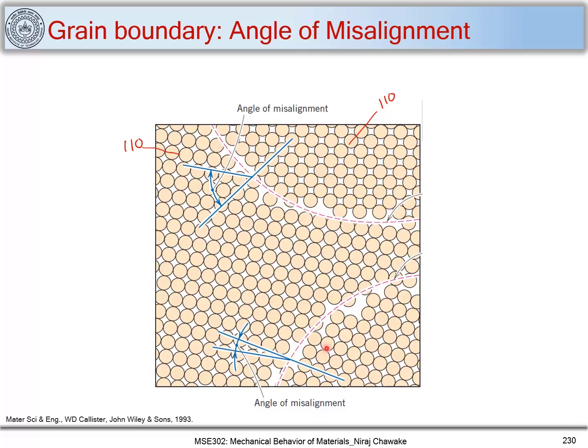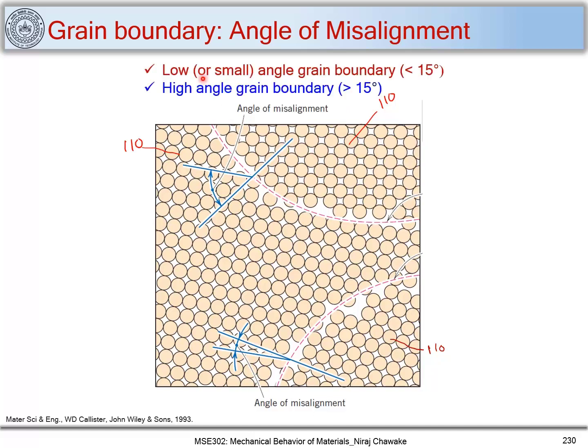Similarly, I mark here, so let's say this is a third grain. Here let's say this is a 110 type of plane in this grain, and I try to measure an angle between this 110 type of planes with respect to the planes in this grain, and this angle of misalignment distinguishes the grain boundaries into two types.